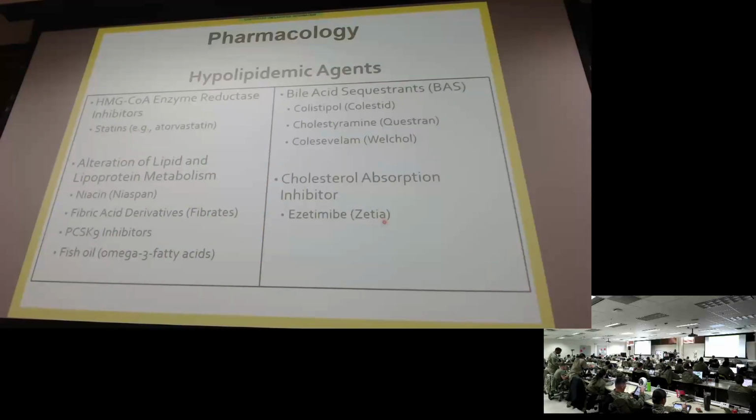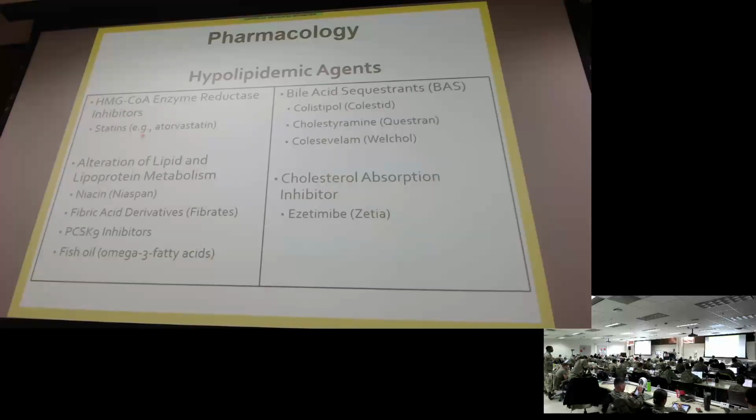Okay, so when we're looking at our hypolipidemic agents, what this is saying is, right, my patient had hyperlipidemia, and I'm trying to get an agent to bring it down. So these are all of the different drug classes that we have that fall into that category of trying to lower their lipids, right?